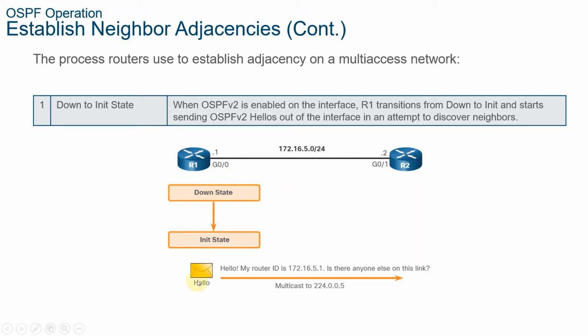So R1 shifts to the initialization state and forwards the hello packet to R2, something like: hello, my router ID is 172.16.5.1, is there anyone else on this link? It is forwarded to the multicast address 224.0.0.5 where all the OSPF enabled routers are.